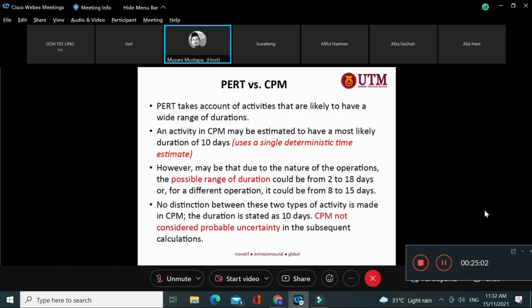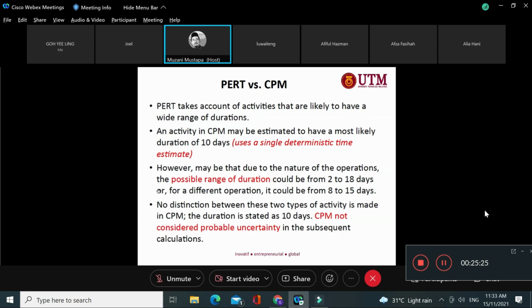7, which we call the optimistic time. 10, which is the most likely time. 18 is the pessimistic, meaning what if the particular activity faces a worst case scenario, right? So 7, 10 and 18.